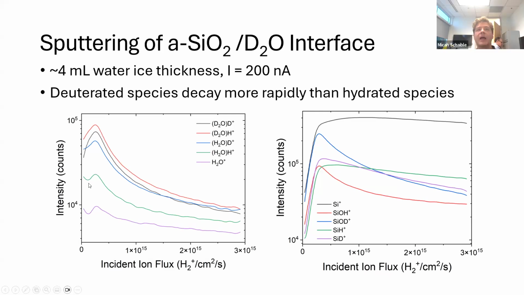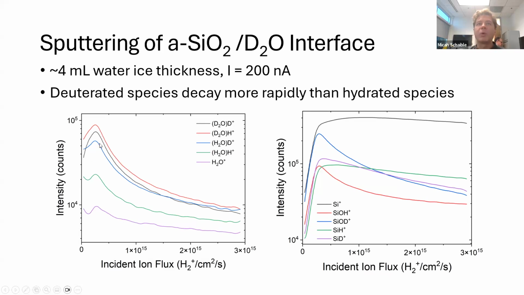Yep. And so there's still a lot of work to be done to understand some of these dips. This might actually be due to the topography of the sample. It might be due to charging. Maybe there's a little bit of charging of the sample that's changing some of these curves.